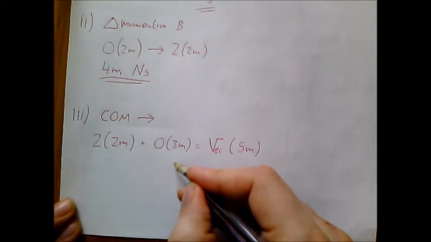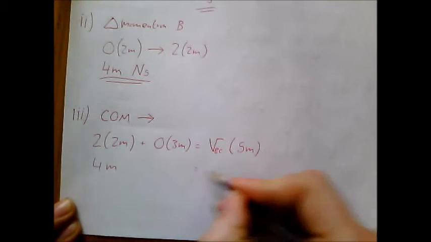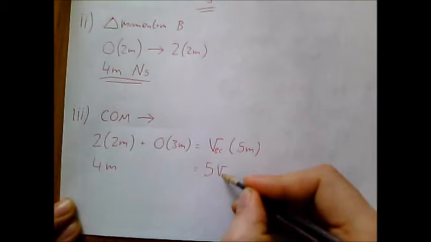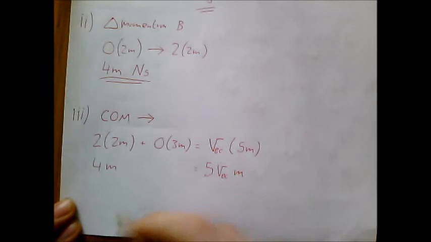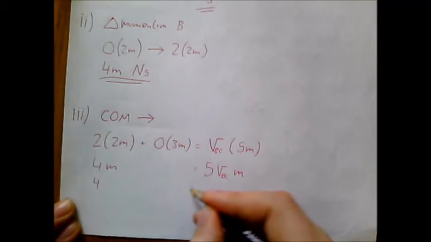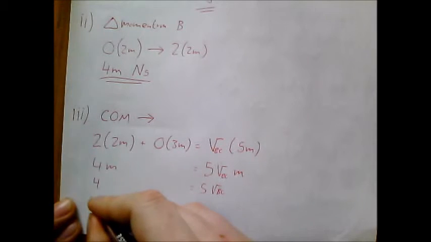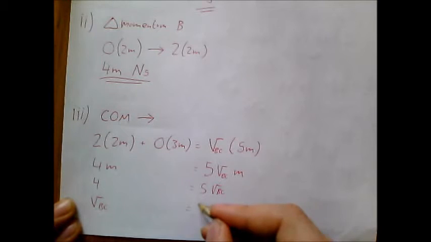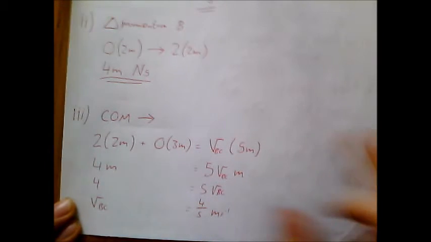Simplifying, we have 4m equals 5 VBC m. Dividing through by m, we have 4 equals 5 VBC. So the velocity of BC will be 4/5 meters per second.